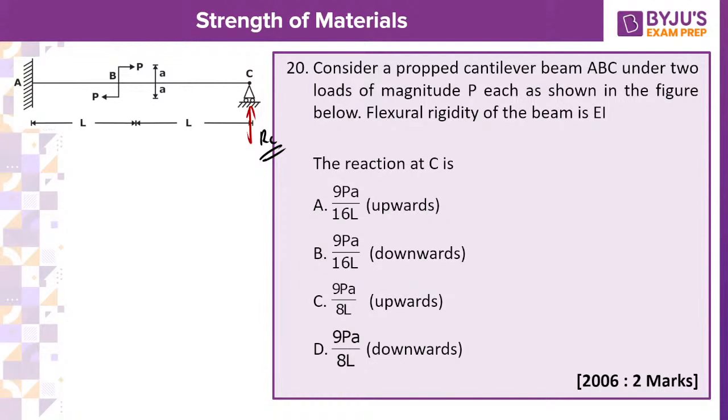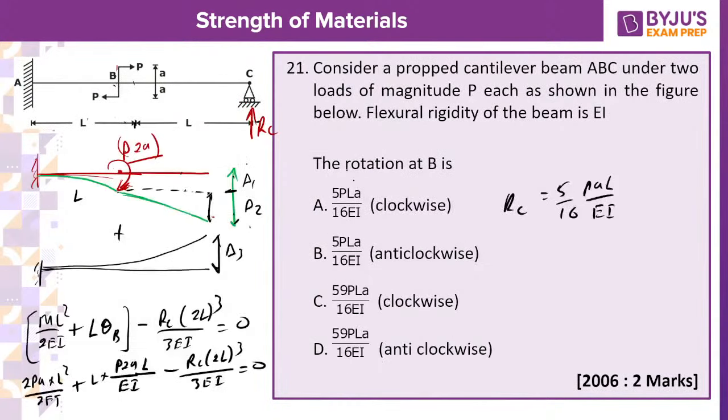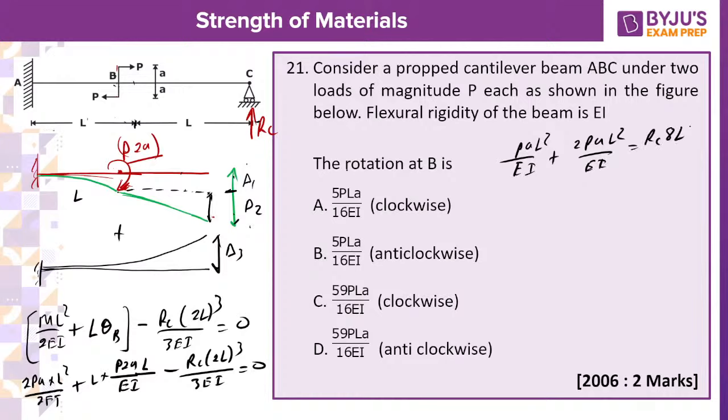No, 9 by 8. Just a minute. Let me calculate it once again. 2PA L square by 2 will get cancelled, and you will get EI plus 2PA L square by EI, equal to RC L cube by 3EI. EI will be taken out, 3 will remain here.